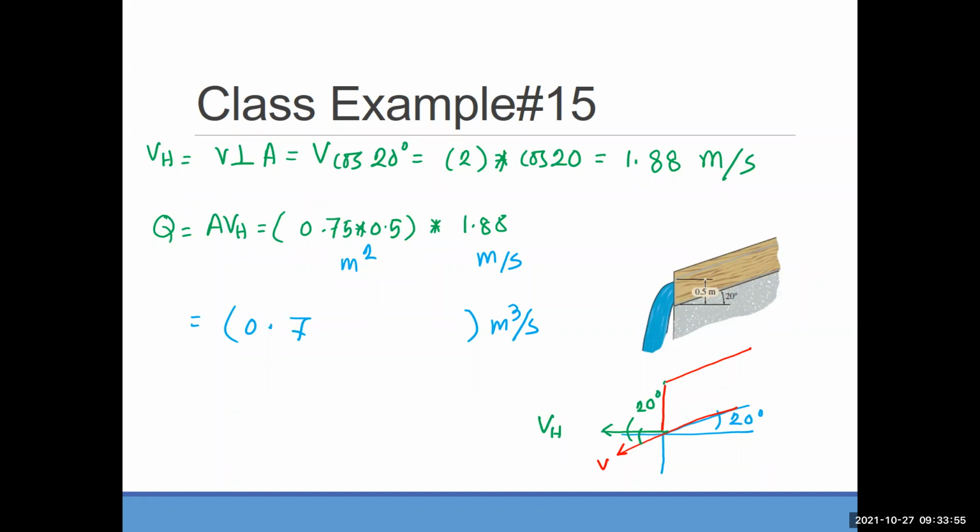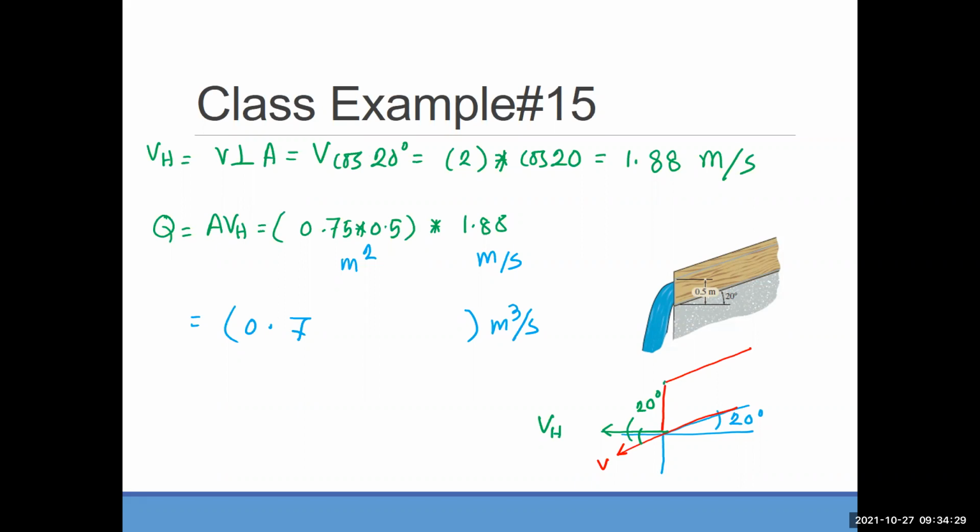So 0.7 is the answer for the volumetric flow rate. That means 0.7 meter cube of water is flowing through this pipe or this channel per second. That is a huge amount of water. Okay, so that was easy. The only thing we needed to make sure is that the velocity has to be perpendicular to the area, right? Okay.